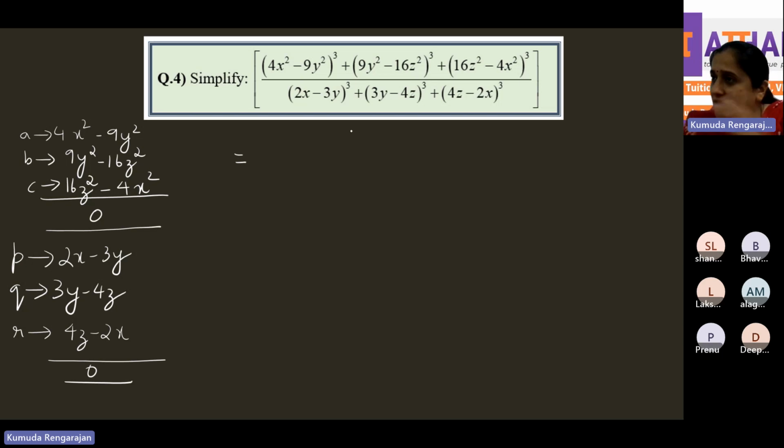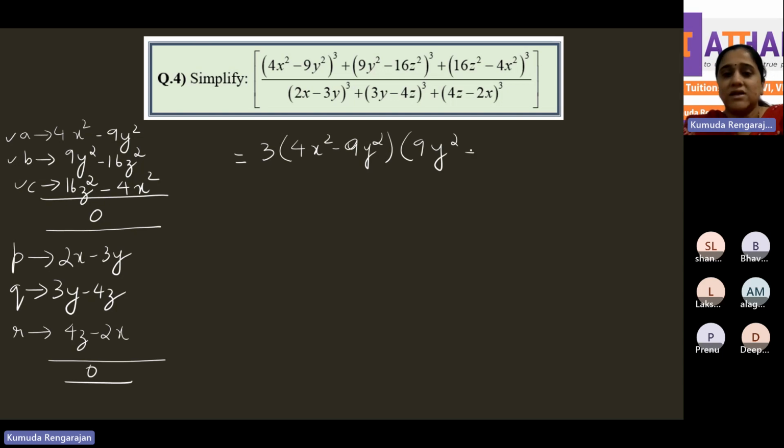So now what is the numerator? A cube plus B cube plus C cube. But A plus B plus C is 0. So the numerator is equal to 3ABC, A into B into C. So 3 into A, into B, into C, as you can see on the left side.